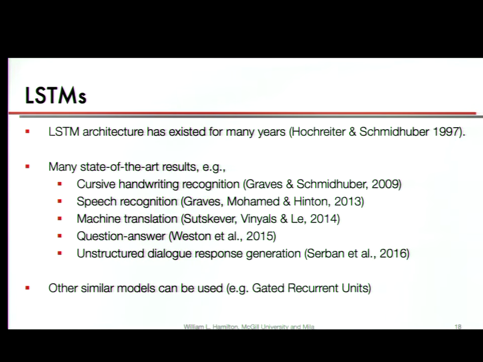So this LSTM architecture, despite the fact that I pitched it as a solution to the vanishing gradient problem that was at the forefront of people's minds around 2014, 2015, has in fact been around for a long time. LSTMs were originally published in 1997, although there might even be an earlier reference from Schmidhuber.